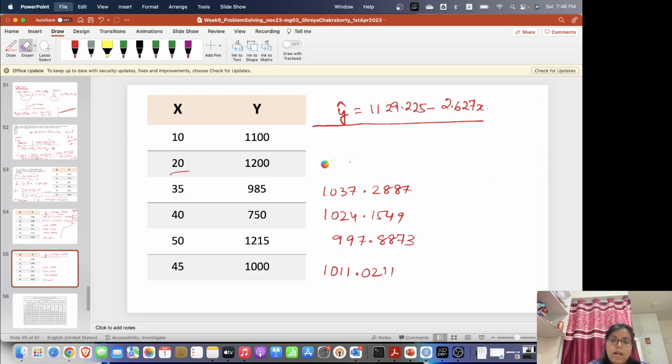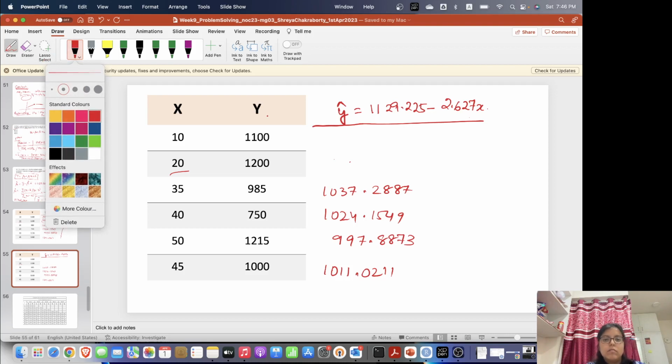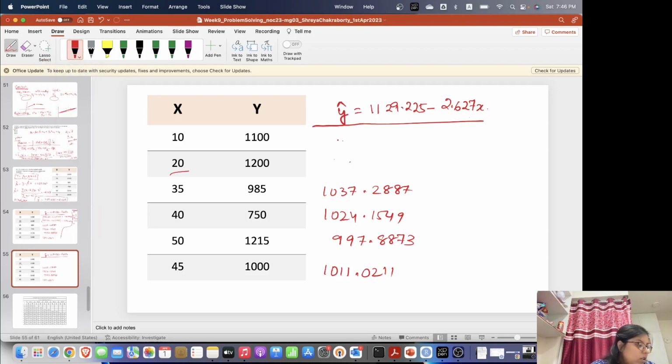Okay, so the y hats were 1102.9577 and this was 1076.6901. Okay, this was my y hat.